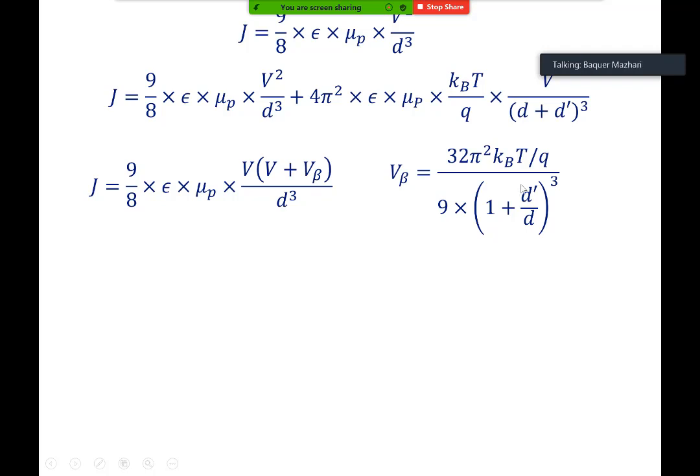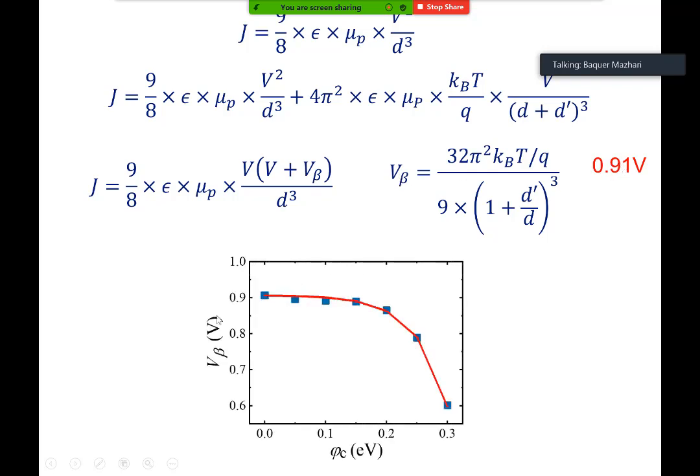If I had a completely symmetrical device with barrier heights from both sides being equal, then this term D dash would have been 0, and this V beta term would have an ideal value of 0.91. But in an experimental device where such a situation may not be there, V beta may depart from 0.91. Let me show you how V beta may change as I change the cathode barrier height.